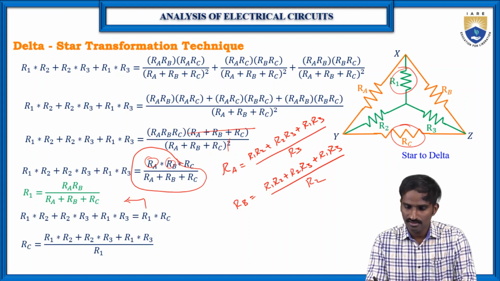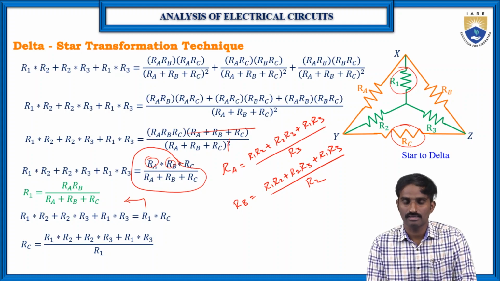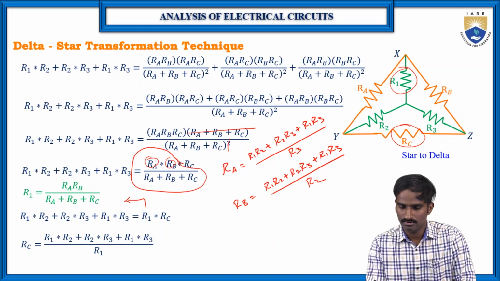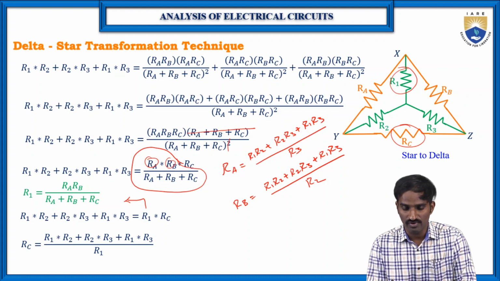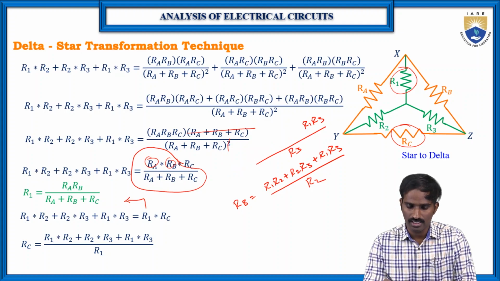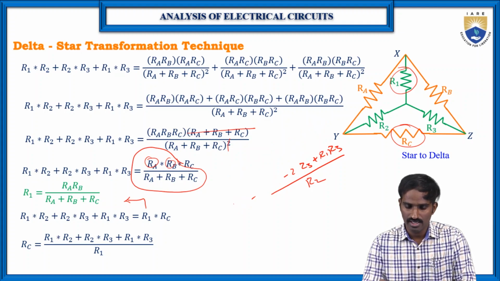So this is the star to delta. Sorry, star to delta, because we know the star connected resistance values, and we have calculated the delta connected resistance values in terms of the star connected network resistance values. This is how we can transform star to delta and delta to star.